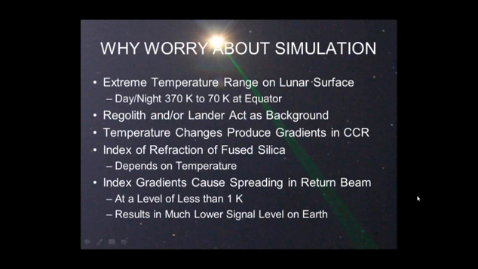These thermal changes at sunrise or during eclipse produce gradients in temperature, which in turn produce gradients in the cube corner reflector.